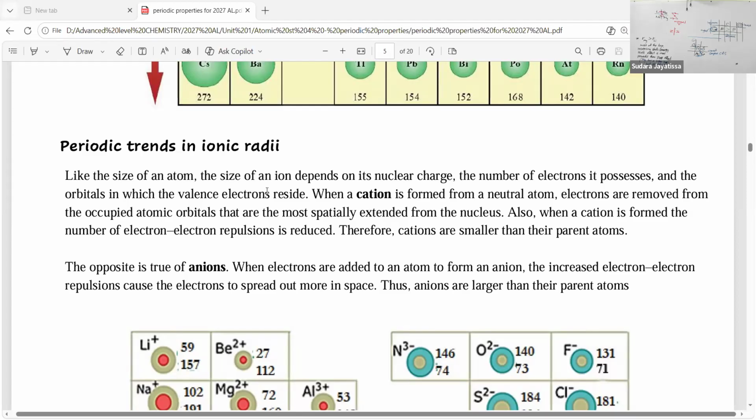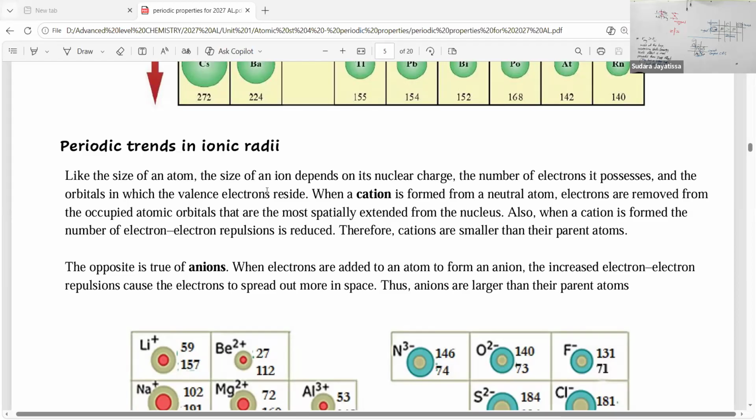Now let's think about the oxygen atom, just taking a random element. Oxygen has 2, 6 configuration according to O levels: 6 electrons in the outer energy level. When there are 6 electrons in the outer energy level, they try to repel each other.